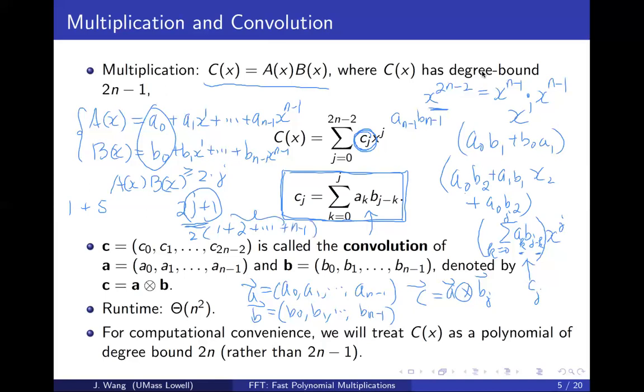So this is n squared. This is n times (n minus 1) over 2. So this is n times n minus 1. So it's at least n squared. But the upper bound is also n squared. So direct operations takes the order of n squared operations.